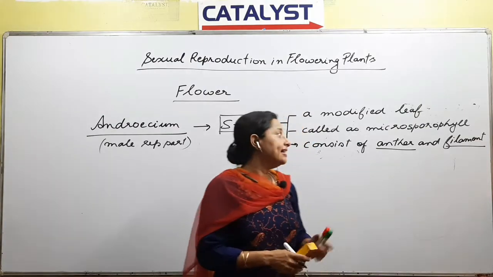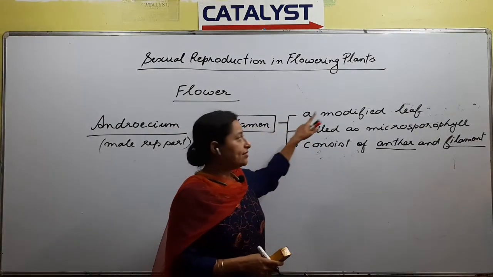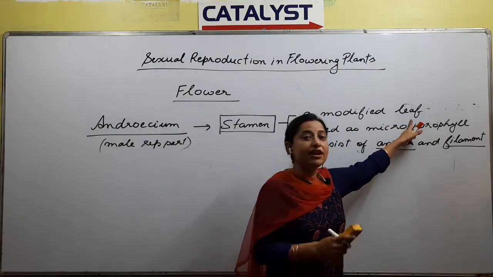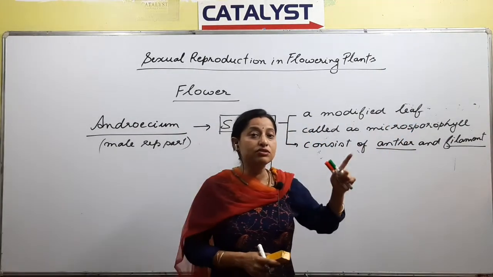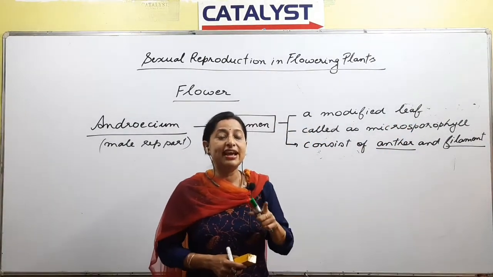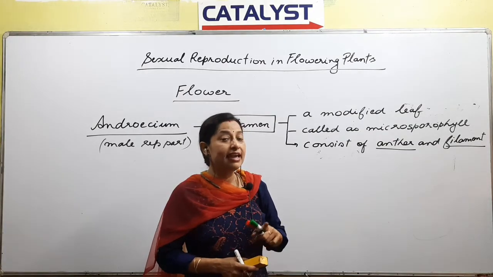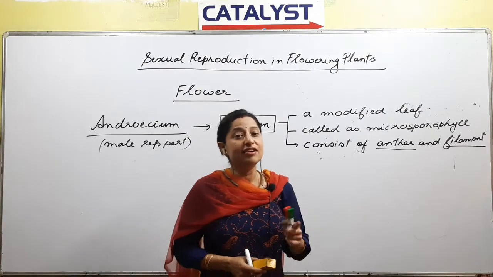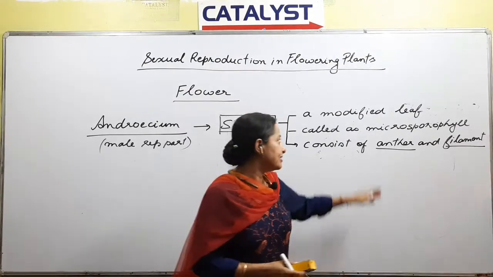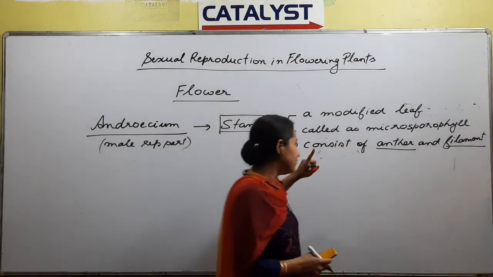So similarly here, generally when we talk about leaf, the main function is photosynthesis, but in this case stamen is also a leaf, but it is considered as a modified leaf. Why? It is not conducting photosynthesis, instead its function is reproduction. That is the reason why we are using the word modified.